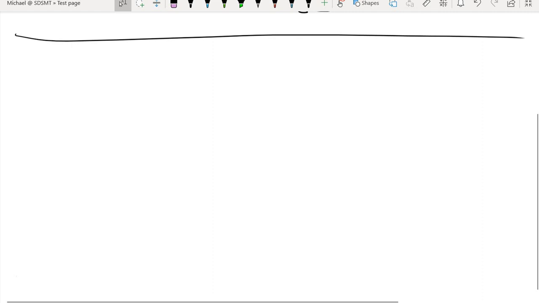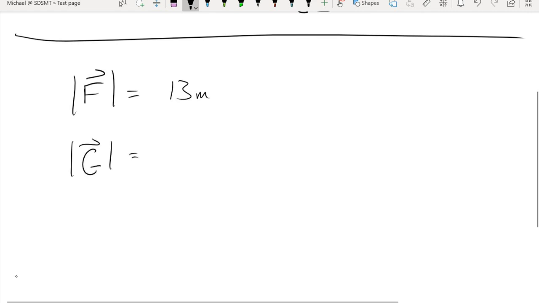We know now that when it comes to adding vectors together, we have to add them head to tail. But let's assume that we have a vector. Let's try something other than A, B, C, or D. Let's try vector F. Vector F has a magnitude of 13 meters, and vector G has a magnitude of 8 meters.